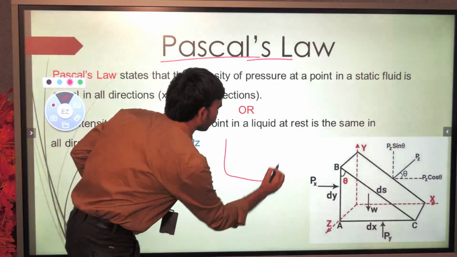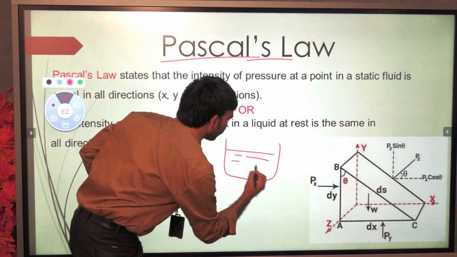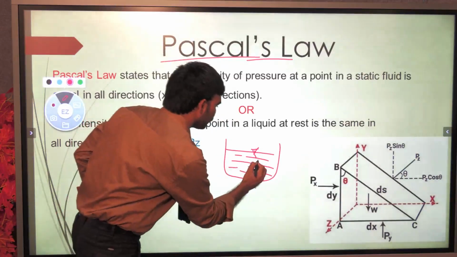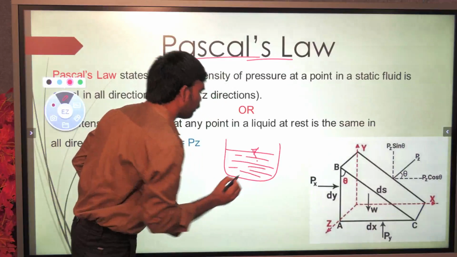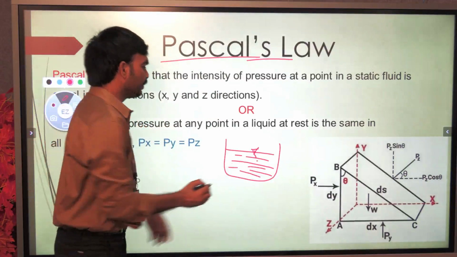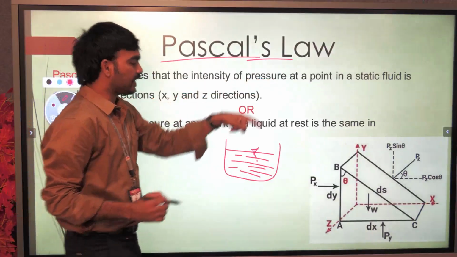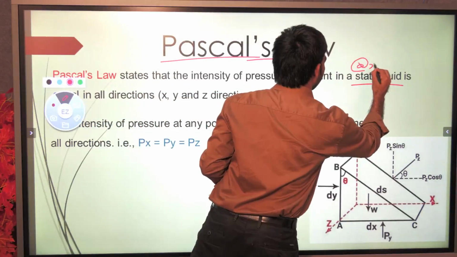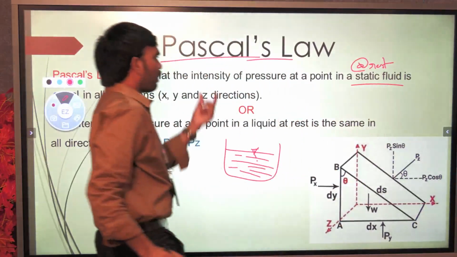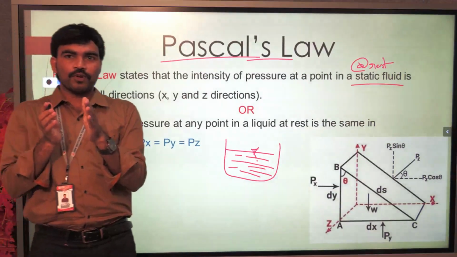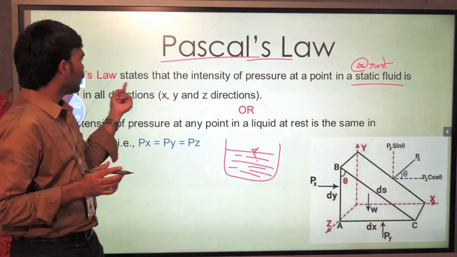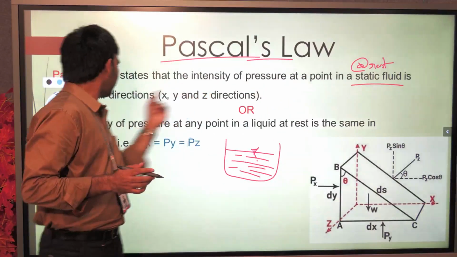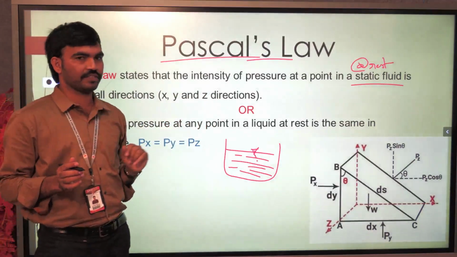For example, consider a fluid in a container, and a point in it. If you want to find the pressure intensity in a static fluid, meaning a fluid at rest, Pascal law is applicable only when the fluids are at rest. The intensity of the pressure when the fluid is at rest is equal in all directions.